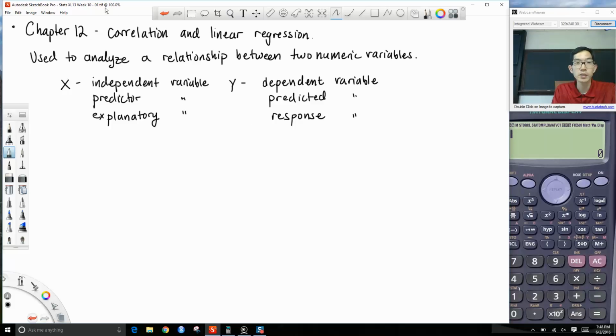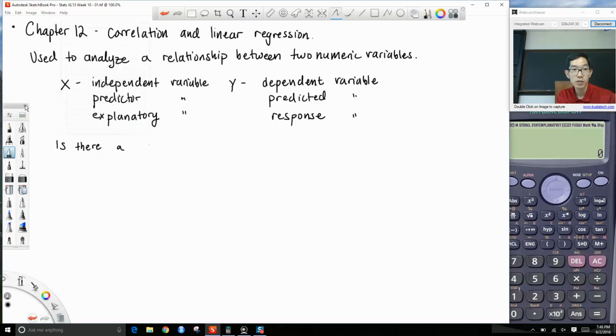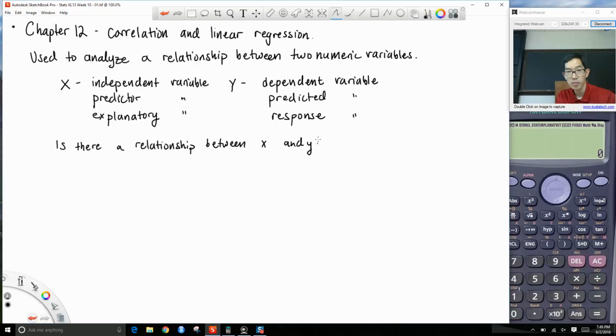Okay, and so basically a lot of the times we want to know, is there a relationship between x and y? Okay, so this might be one question.